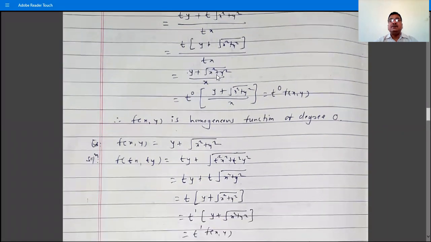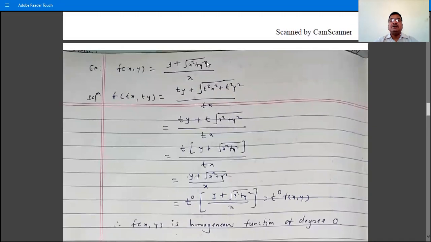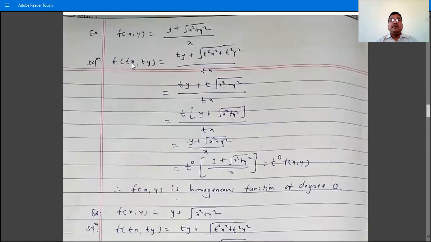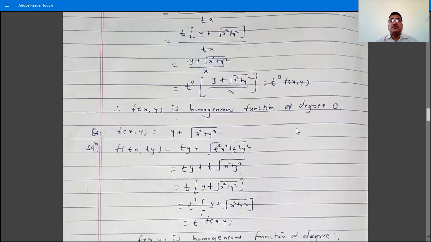So we have y plus root x square plus y square divided by x, and that is t raised to 0. T raised to 0 in bracket y plus root x square plus y square by x. That is, we have t raised to 0 f of xy. This bracket is f of xy. So f of tx, ty is expressed in the form t raised to 0 f of xy, and therefore f(x, y) is a homogeneous function of degree 0.